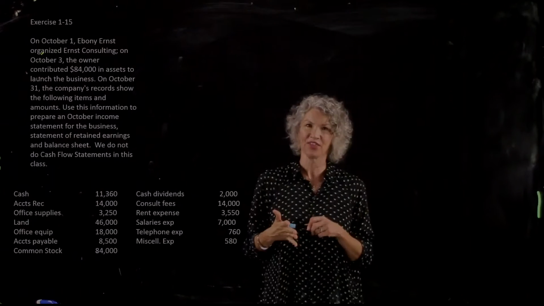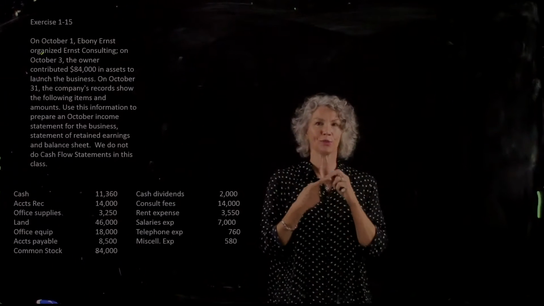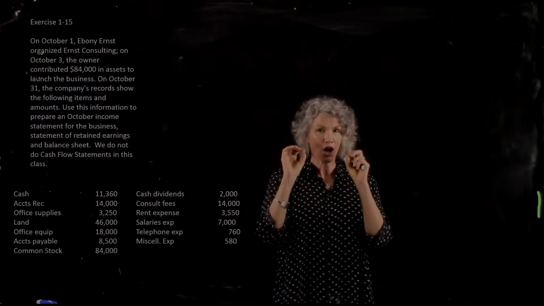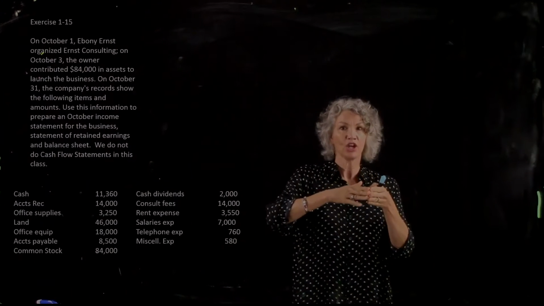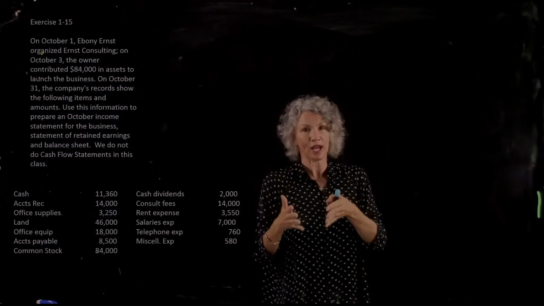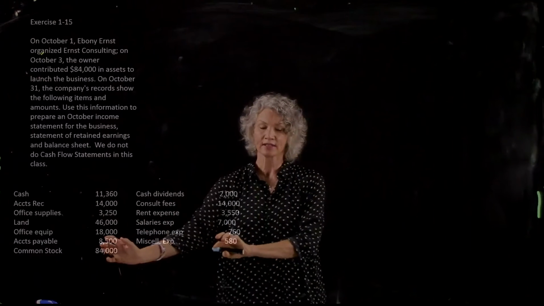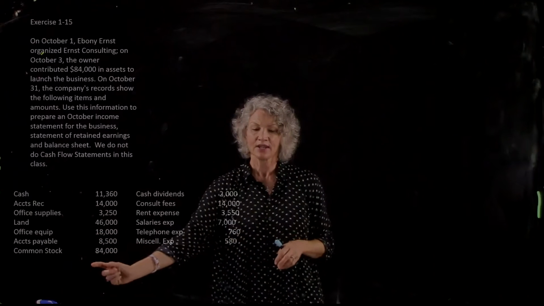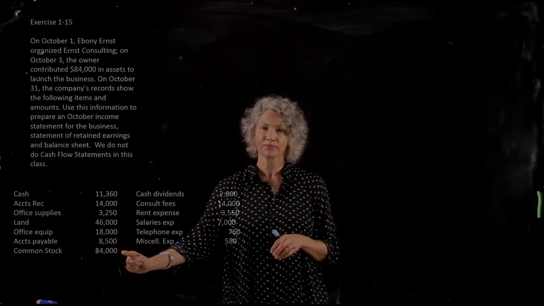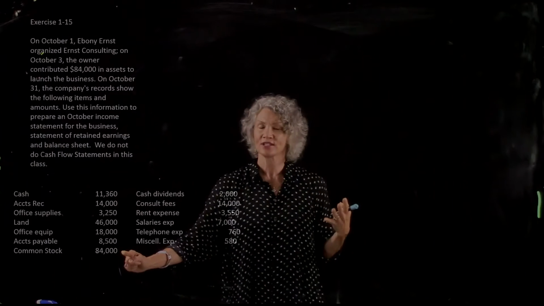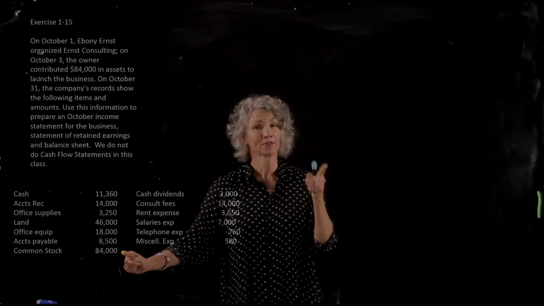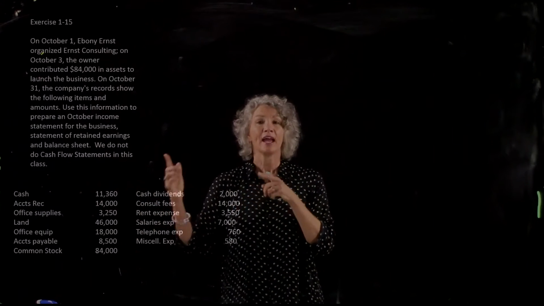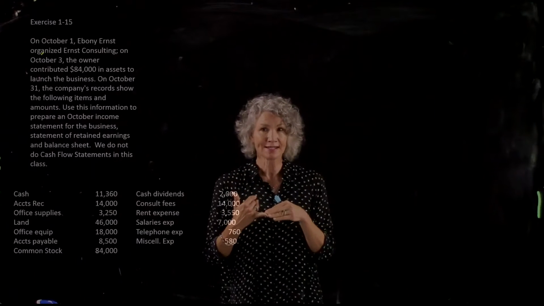Here's the key to the whole thing. You must start with the income statement because you need the net income from the income statement to update the owner equity. When you look at a list of accounts like this, no transactions have been recorded to common stock, even though, if you'll remember from the last problem we did, every revenue item increases equity, every expense item decreases equity.